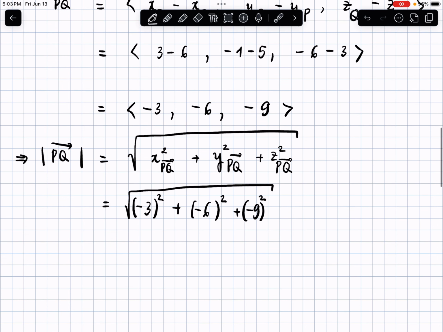This gives us the square root of 9, 36, or 81.